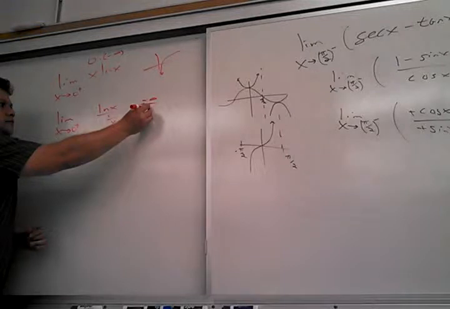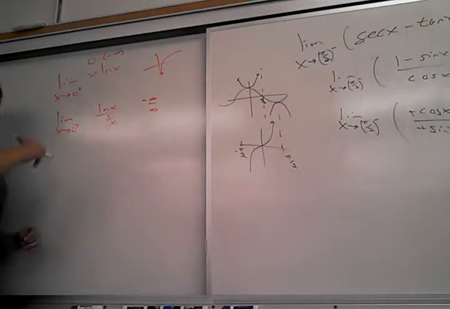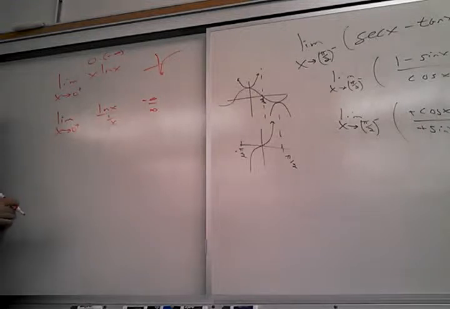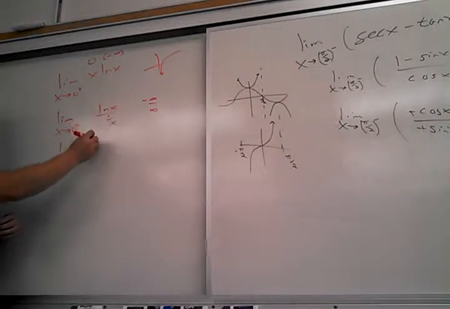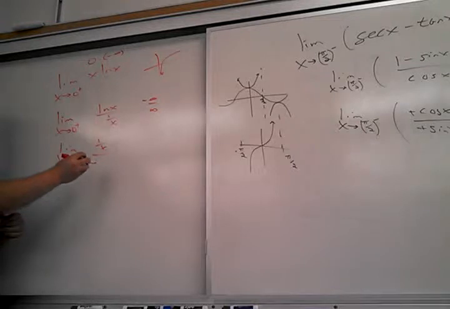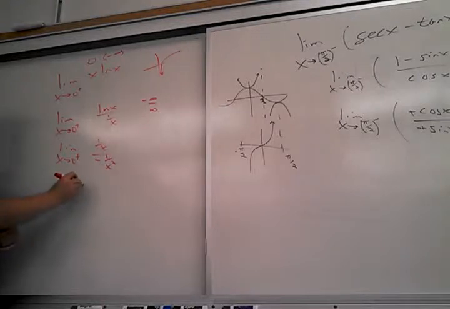Oh, no. Over infinity. So I don't know where that's going. It's still indeterminate. So I can apply L'Hopital's rule. What's the derivative of natural log? 1 over x. What's the derivative of 1 over x? Negative 1 over x squared. I like it. And of course that simplifies to be what?